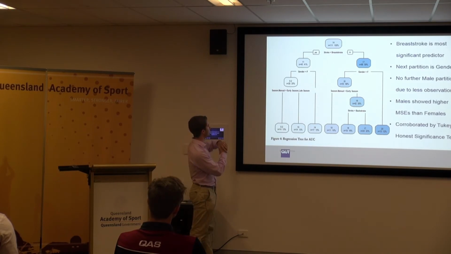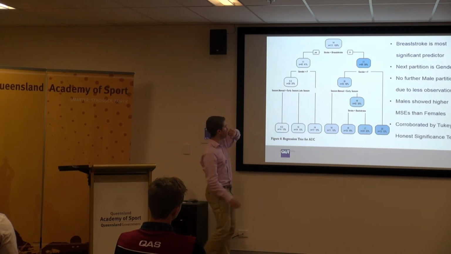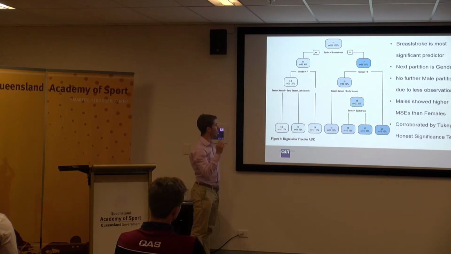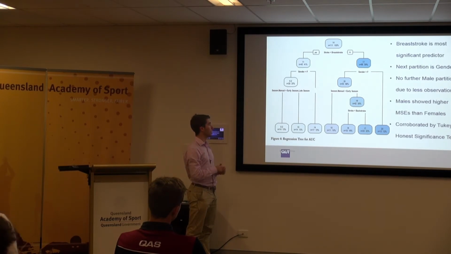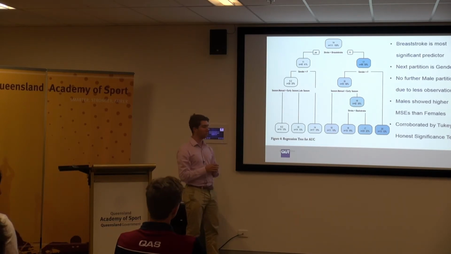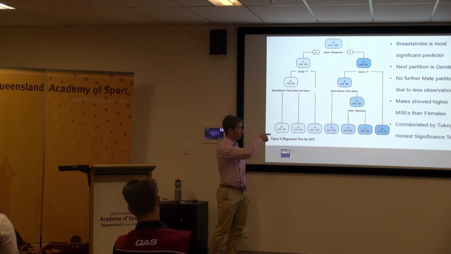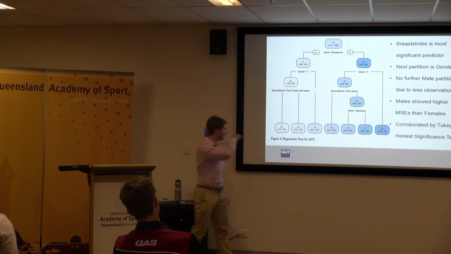Then if we look at the non-breaststroke side, on the right, the next most important variable amongst that group in terms of explanatory power was gender. As I mentioned, because there were fewer observations from males, there was no further partitioning. As we can see, there are 13 observations from males at that point.